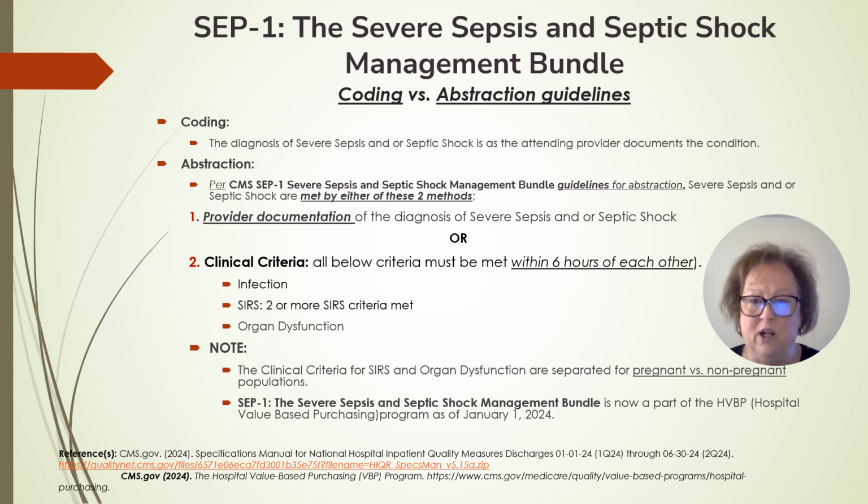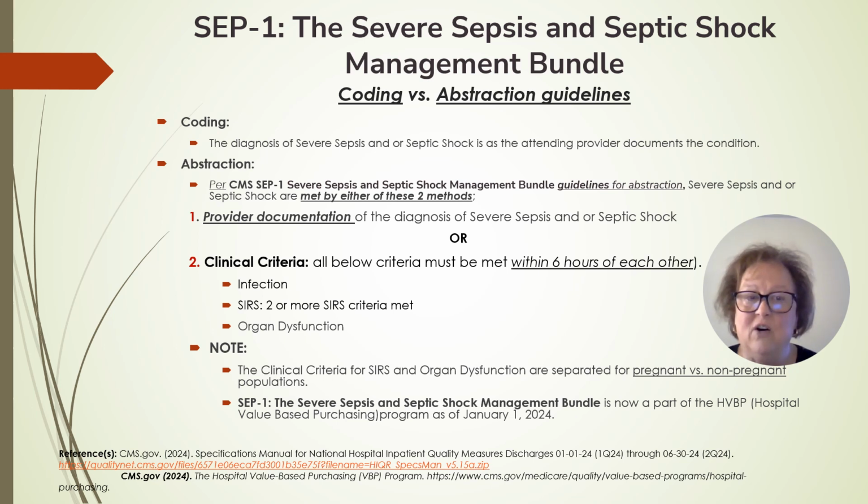They are incorporated into what's called the Inpatient Quality Reporting Program. If you have inpatient beds in an acute care facility, then you are participating in the Inpatient Quality Reporting Program that requires us to report certain quality measures. And sepsis is one of those quality measures.